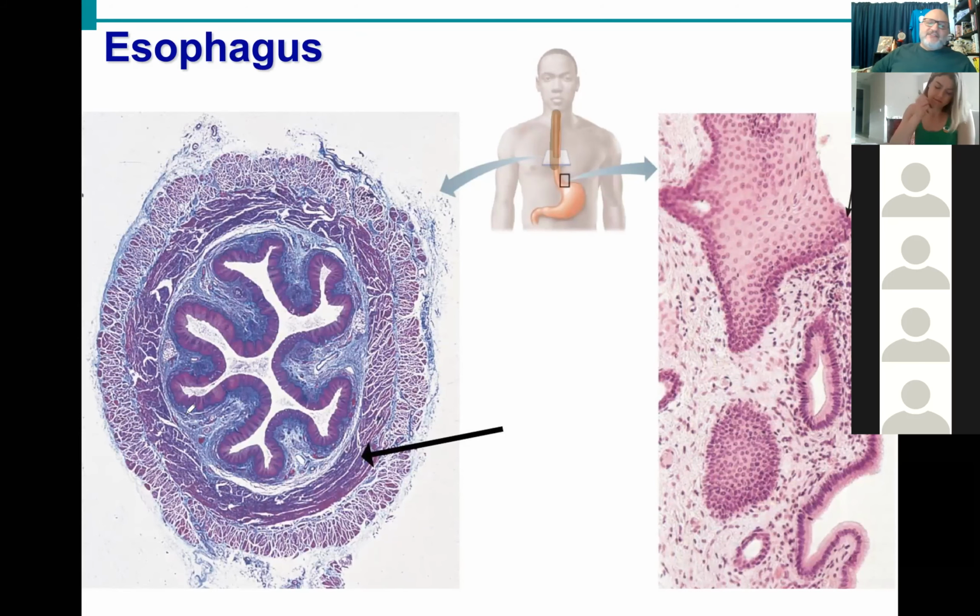Here we see a cross section through the esophagus, and we can see all the layers that we expect to see for the most part. We have a mucosa, a submucosa, and a two-layered muscularis. But let's look at this mucosa. What type of epithelial tissue is forming it?